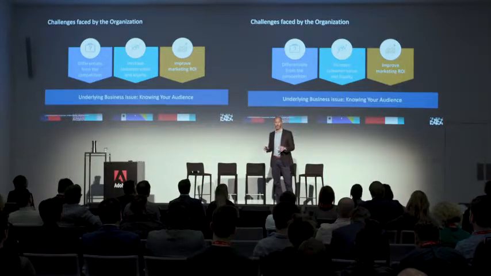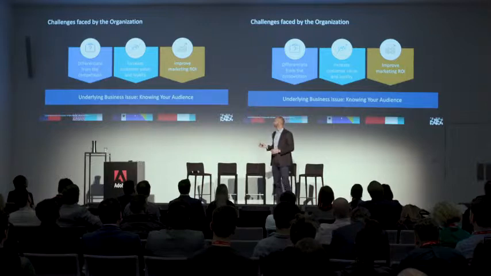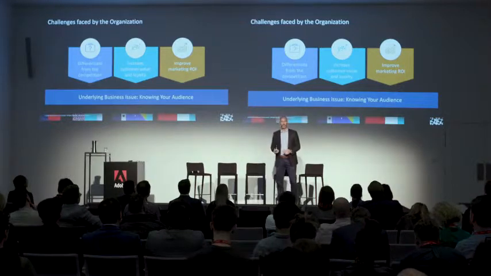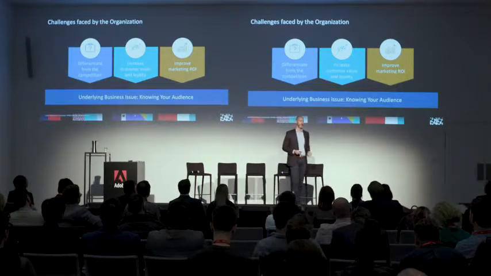But there's this underlying business issue behind all of that, which is knowing your audience. Because if you do a really good job knowing your audience across all of their touch points, it allows you to differentiate more meaningfully because you know what's important to them, which in turn trickles down into customer value and loyalty, and even helps you improve your marketing ROI.